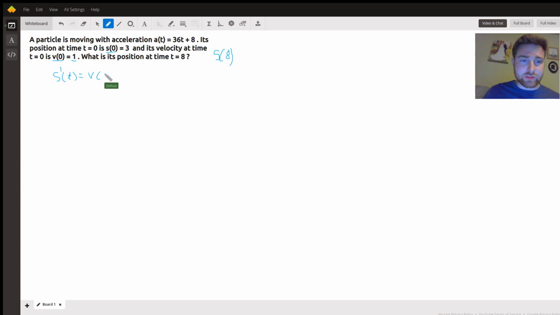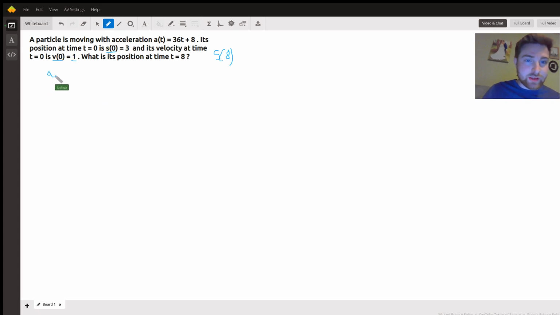And the second derivative is the derivative of velocity, which is going to be acceleration. So for given acceleration, we want to go back. If we're undoing derivatives, that would be integrating. So this is an integration problem.